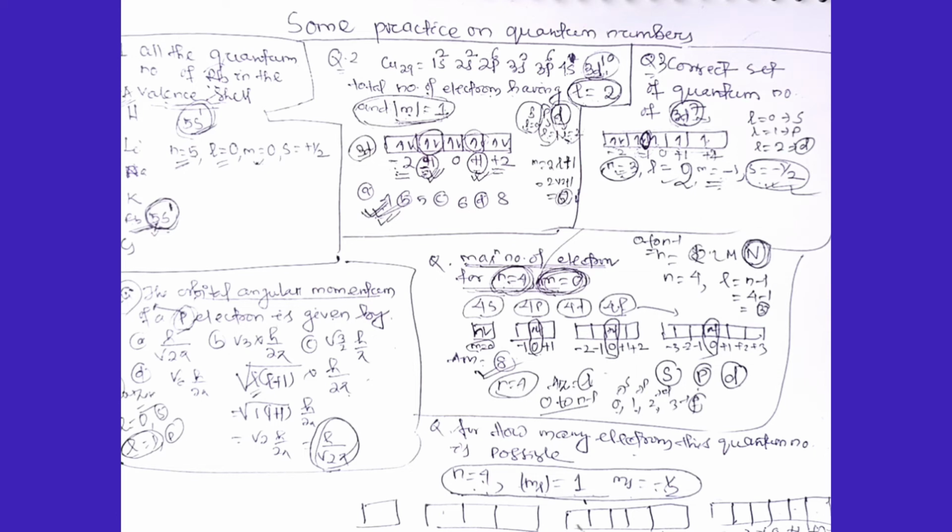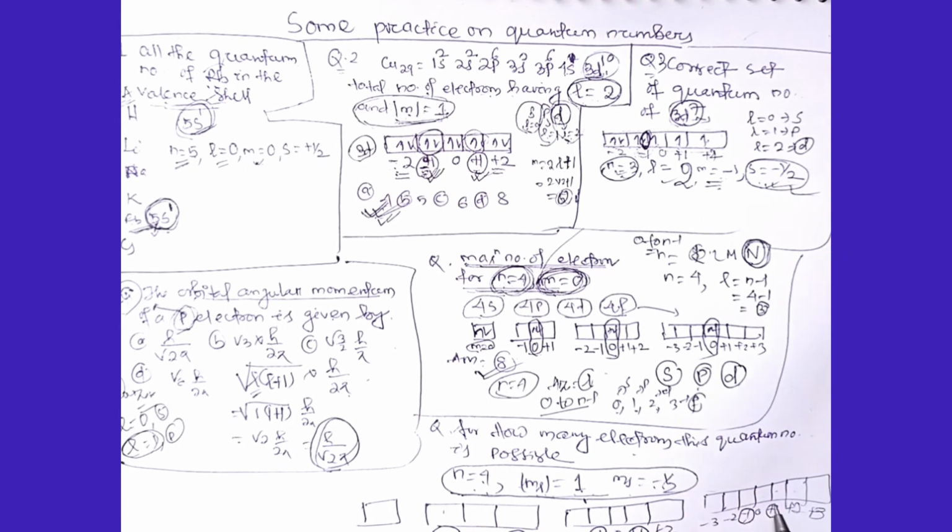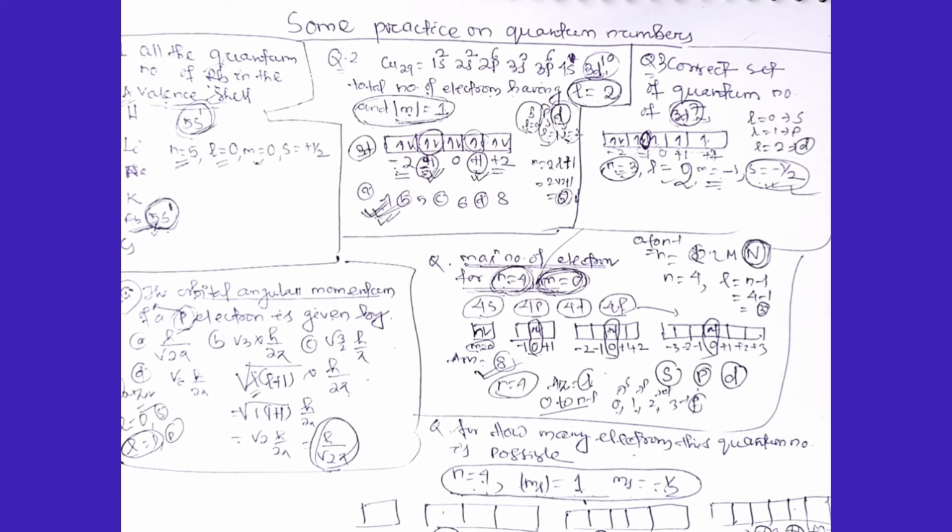Here we have to take ml equal to 1 and ms equal to minus half. So ml is mod 1, that means we have to take both the values minus 1 and plus 1. So this is minus 1, this is plus 1, and so on for each subshell.